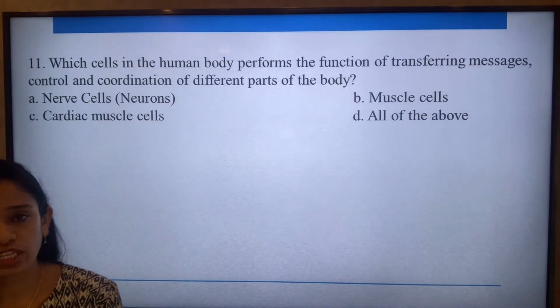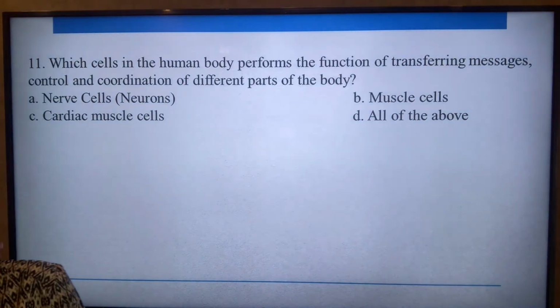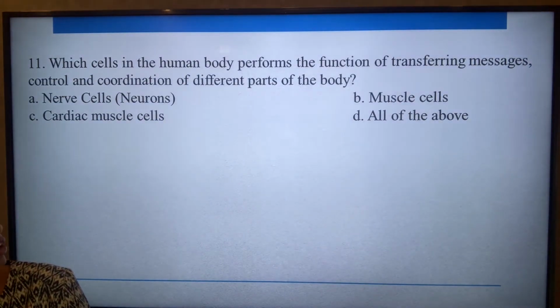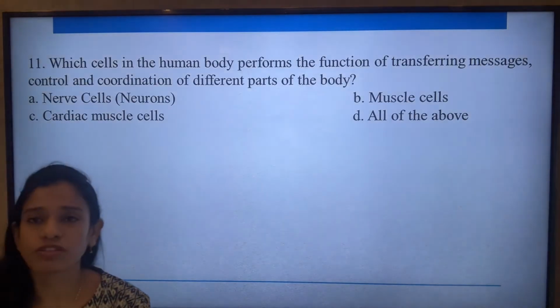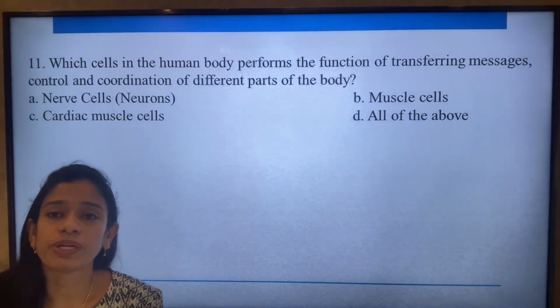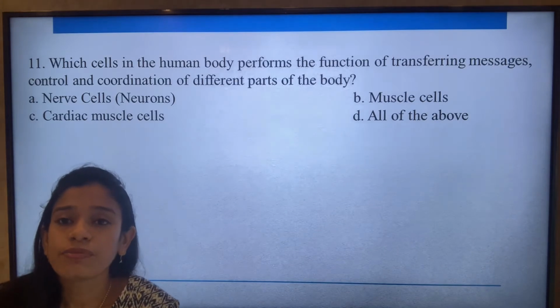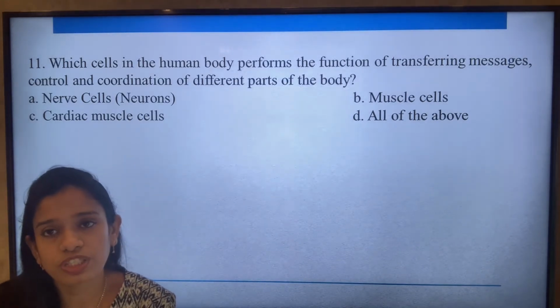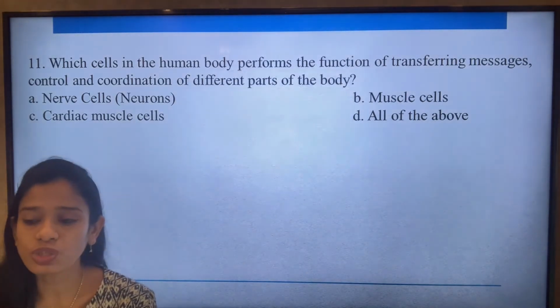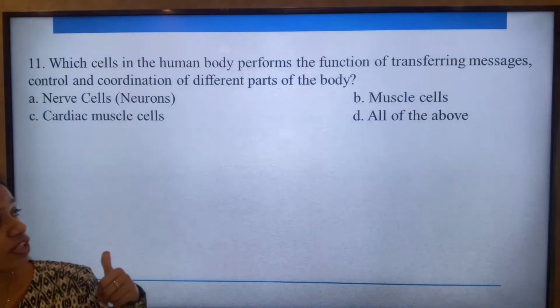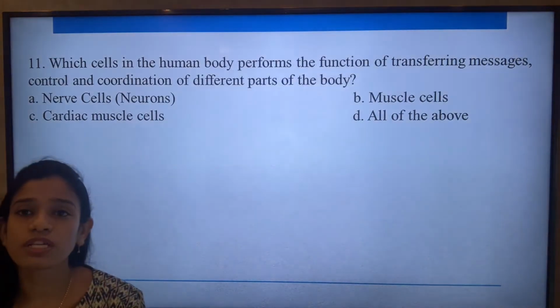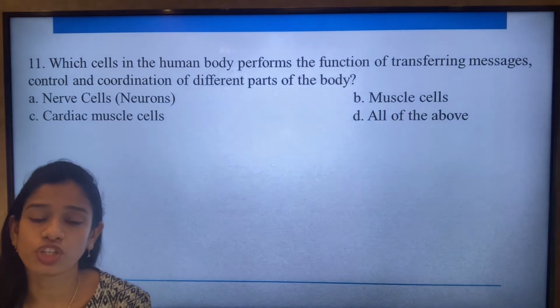Let's move on to the next question. Which cells of the human body performs the function of transferring messages, controls and coordination of different parts of the body? So they're asking of a particular cell which actually does some important functions in the human body. So what does it do? It actually helps in transferring messages and also does control and coordination of the human body.